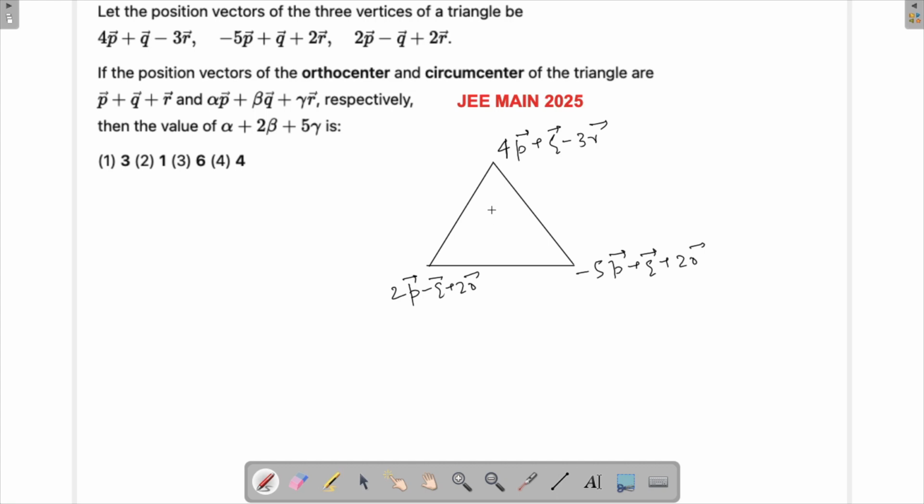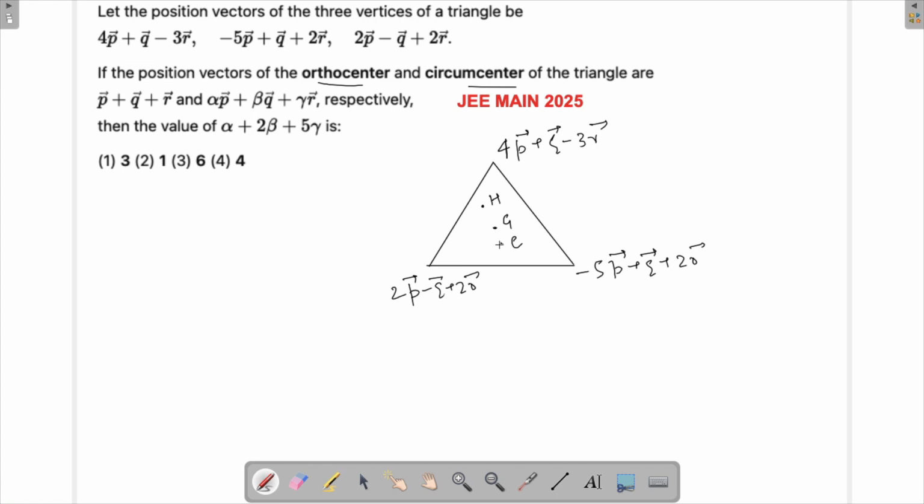Now what is also given is the position vector of the orthocenter and the circumcenter. So somewhere there will be the orthocenter, somewhere there will be the circumcenter, and in between there will be a centroid as well.